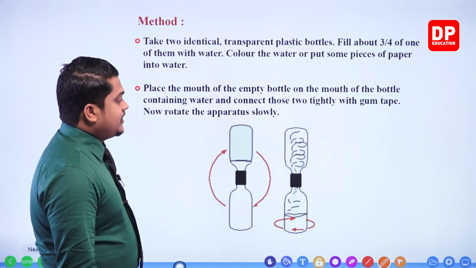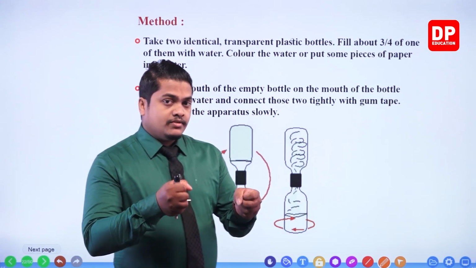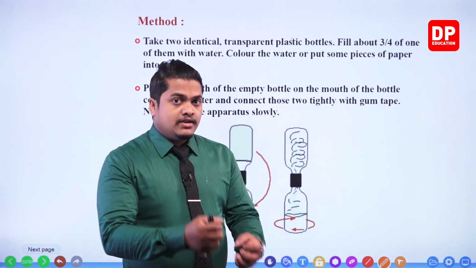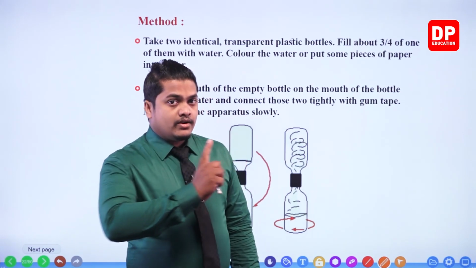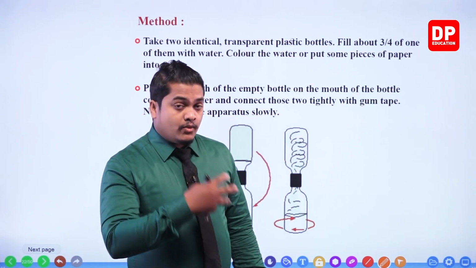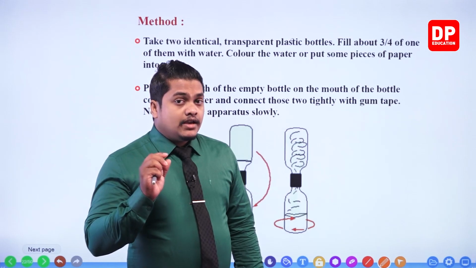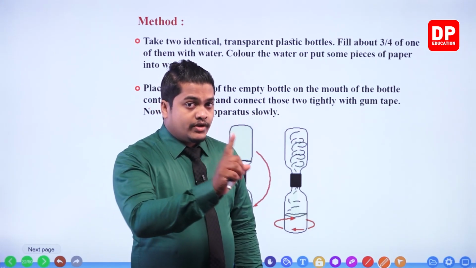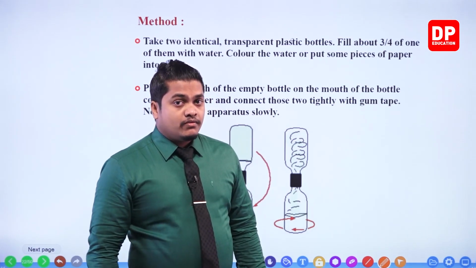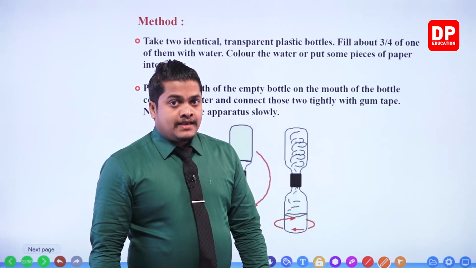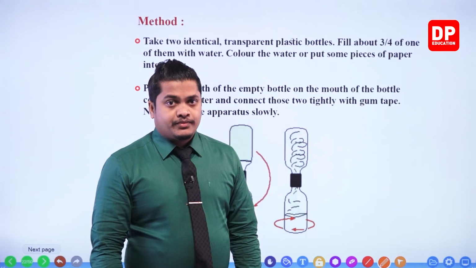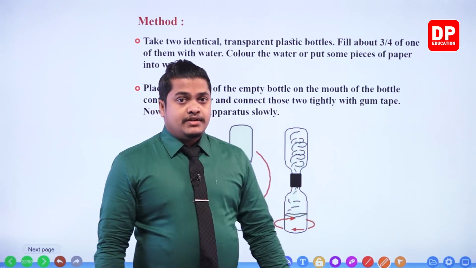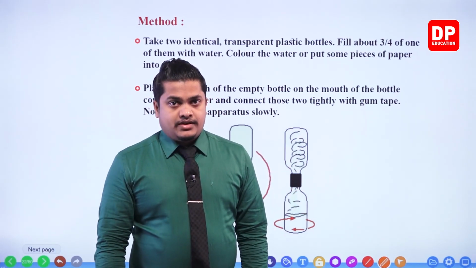You can give it a certain push like this and release. Then you can observe how the water flows from the first bottle to the other. In the same way, the violent winds rotate in a cyclone too. So this is the method of doing our experiment, my dear children.